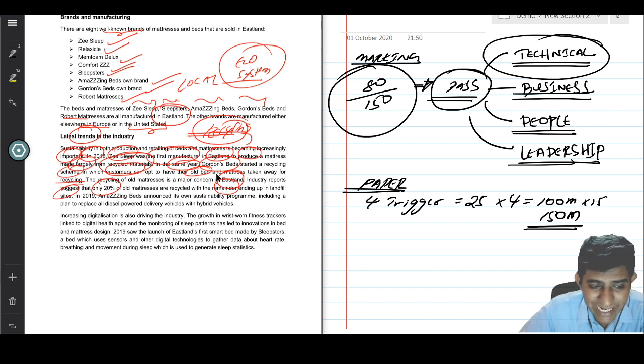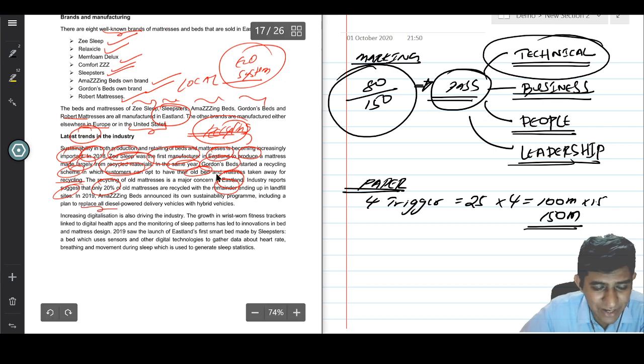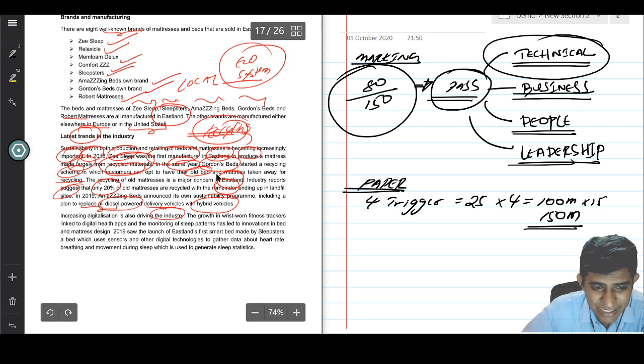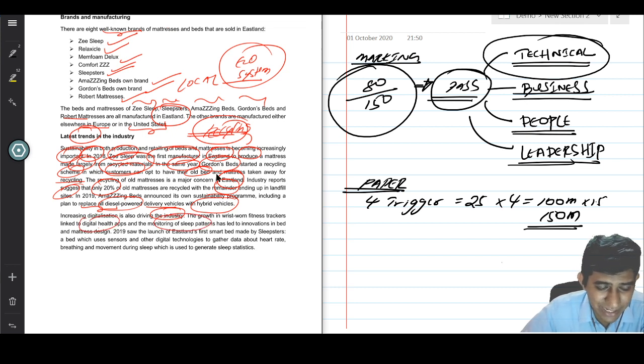In 2019, Amazing Bed announced their own sustainability program, including a plan to replace diesel-powered delivery vehicles with hybrid vehicles. So that was a good plan they have. And also students, they are specifically stating that increasing digitalization is also driving the industry. Growth in wrist-worn fitness trackers linked to digital health apps monitoring sleep patterns has led to innovation in bed and mattress design. 2019 saw the launch of the Eastland's first smart bed.